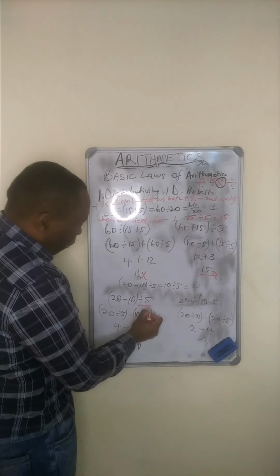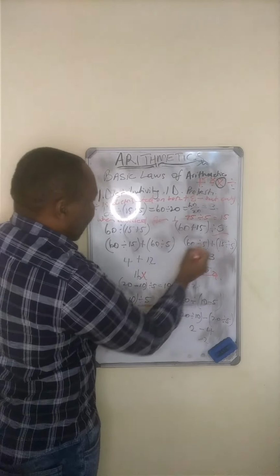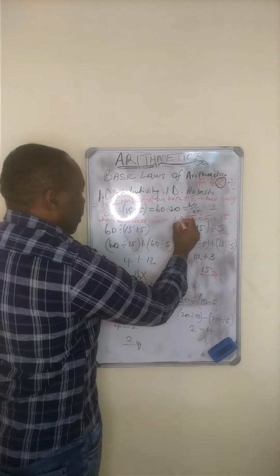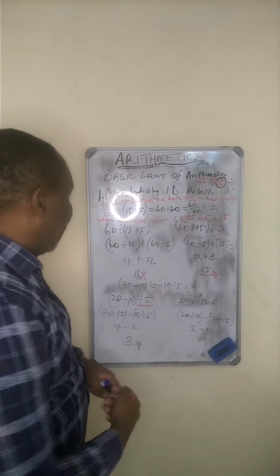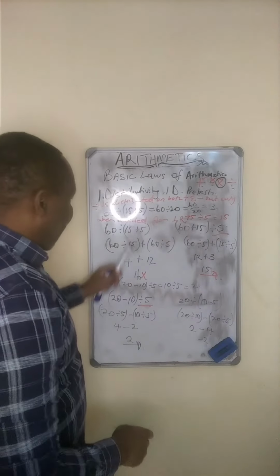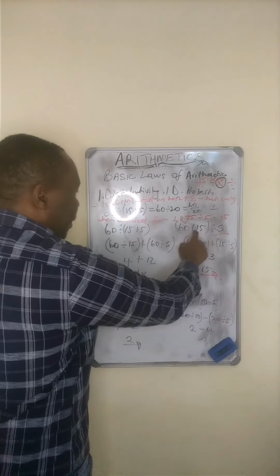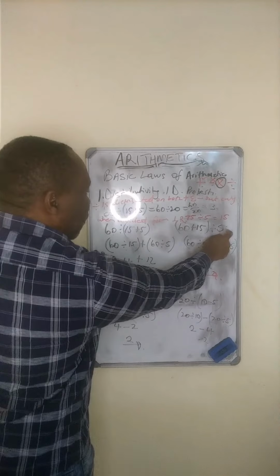When we divide it from the right, it gives us this number. It balances. We were dividing from the right.